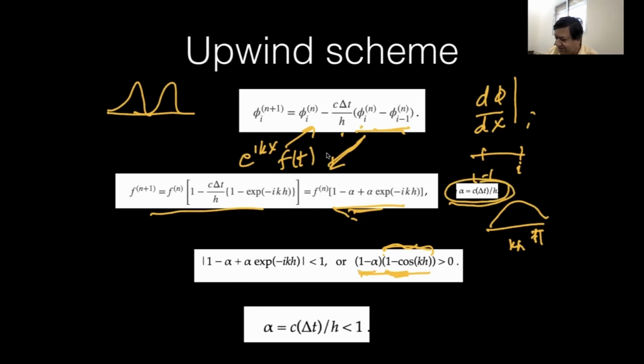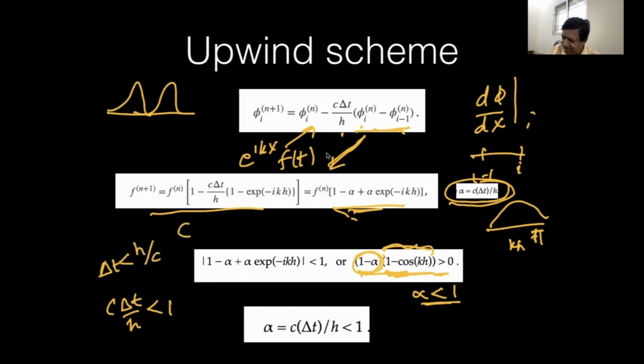If you want this whole thing to be greater than 0, alpha must be less than 1. That gives us the condition that c delta t by h is less than 1, so delta t is less than h by c. This is also called the CFL condition, the same CFL condition we discussed before.